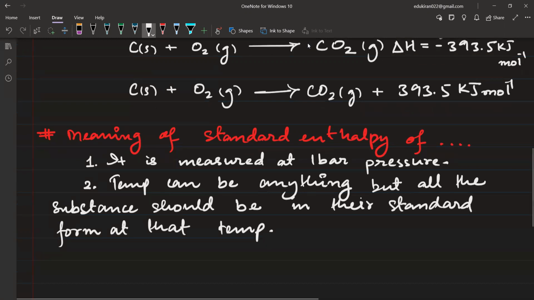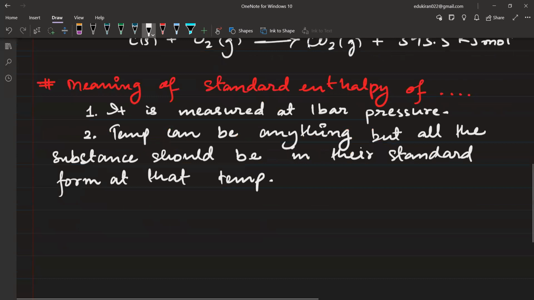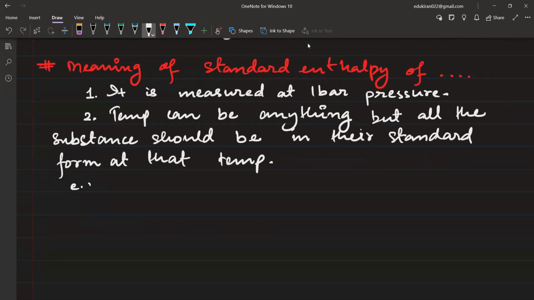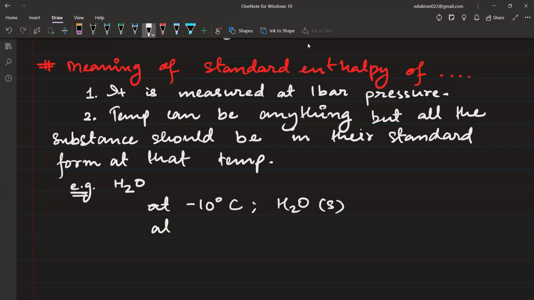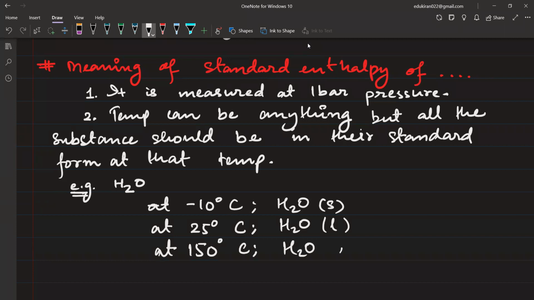This is important. For example, if you are talking about water and the temperature we are taking is minus 10 degrees Celsius, at minus 10 degrees Celsius we will take H2O as what? Solid, because obviously at minus 10 degrees it will be solid. If we are talking about water at 25 degrees Celsius and measuring standard enthalpy, then we will take water as liquid. And if we are at, let us suppose, 150 degrees Celsius, then in this case water is going to be gas.